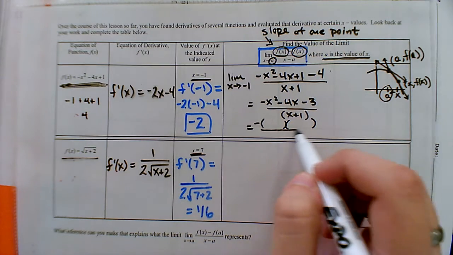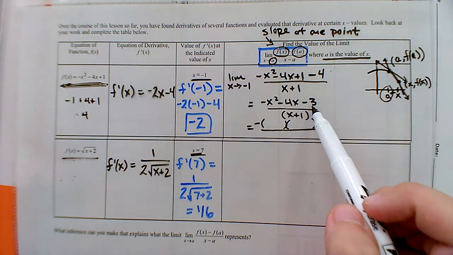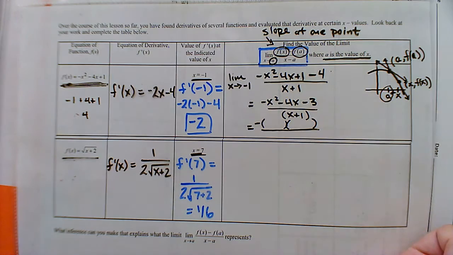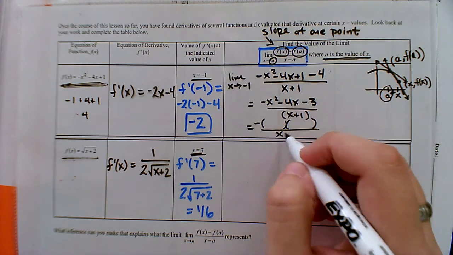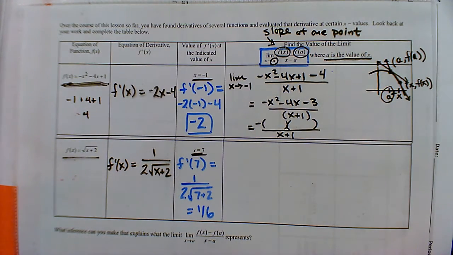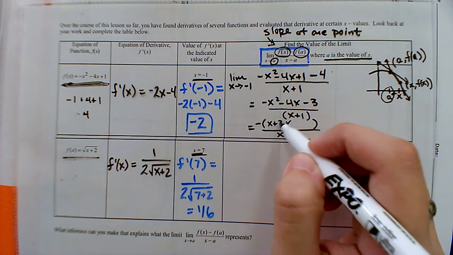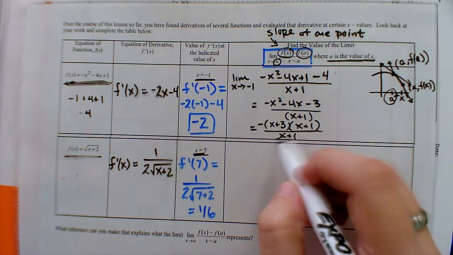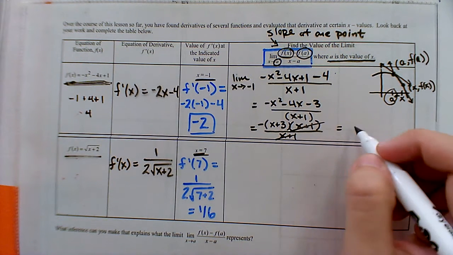So let's think about maybe two numbers that multiply to a +3 but add to a +4. Now that those are all changed. Two numbers that multiply to +3 but add to +4. 3 and 1. Okay. Anything going to happen? Yes. X plus 1's cancel.